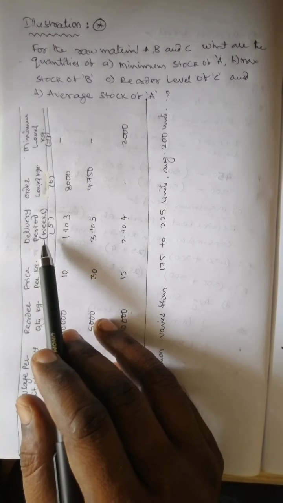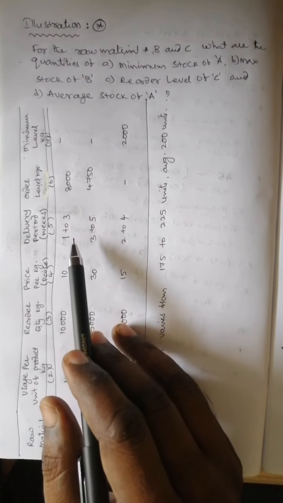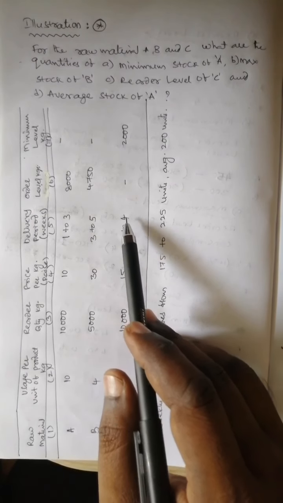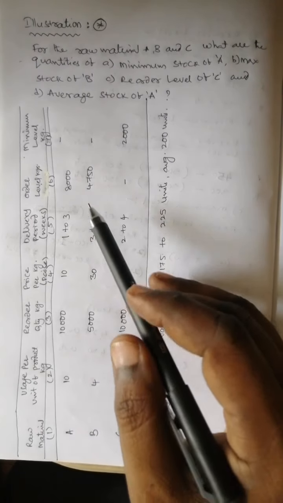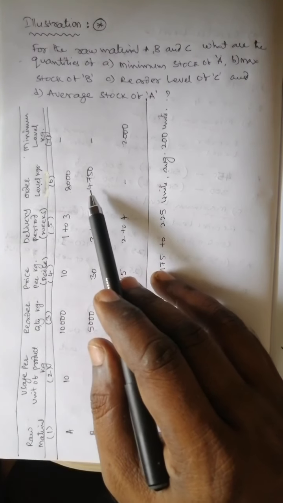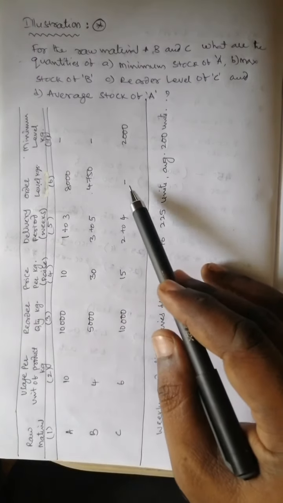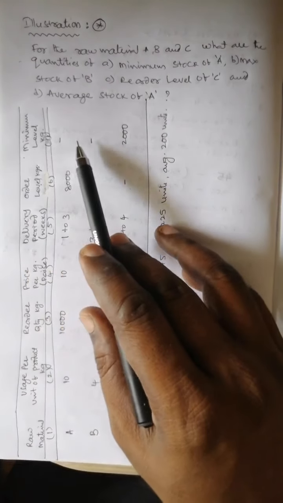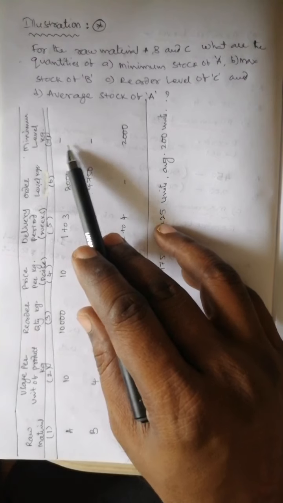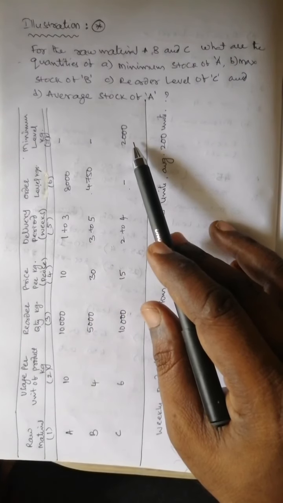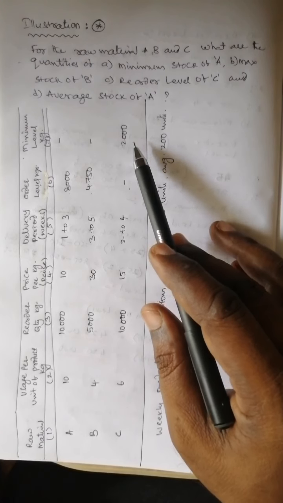Delivery period in weeks 1 to 3, that is minimum and maximum, 3 to 5 minimum maximum, 2 to 4 minimum maximum of component C. Reorder level kgs 8000 kgs, 4750 kgs. For C component it is not given. Minimum level for A and B components not given, but for C component it is 2000 kgs.